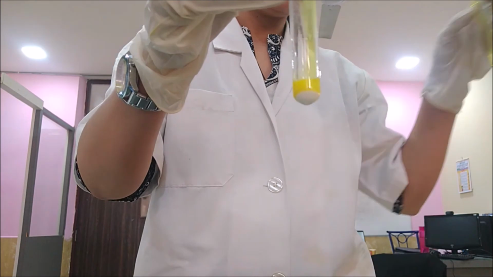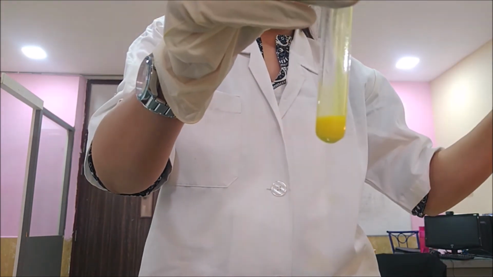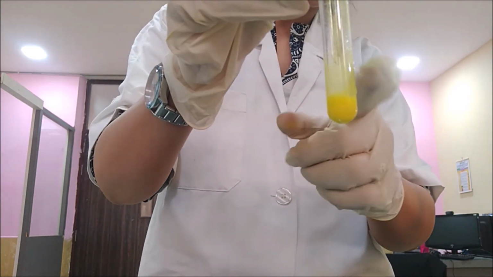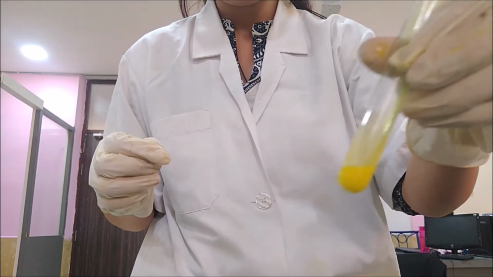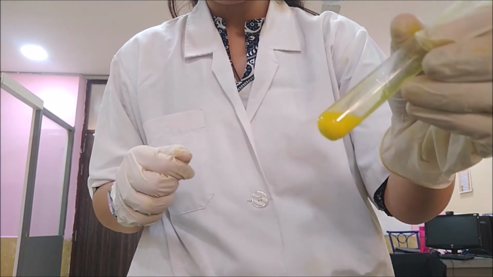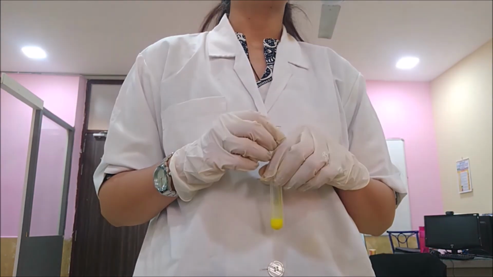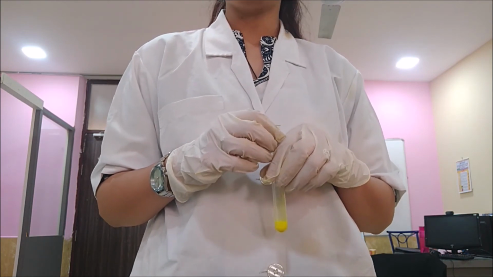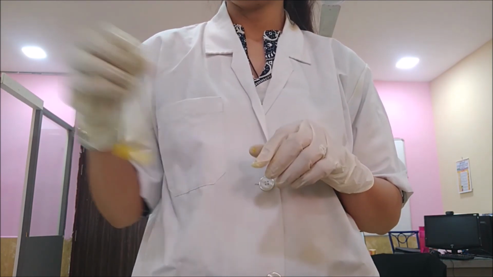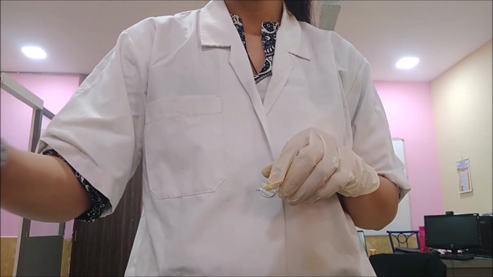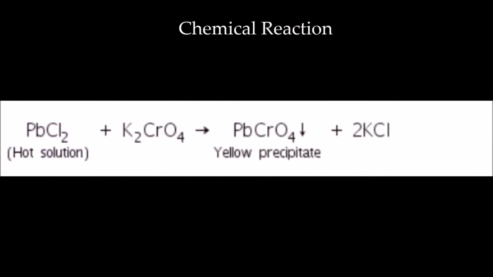You can see the formation of yellow precipitate, which again shows the presence of lead ion. So these are the confirmatory tests of lead ion of the first group. Chemical reaction involved in potassium chromate test.